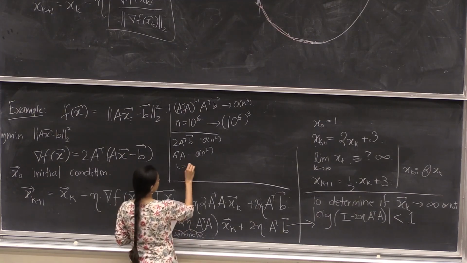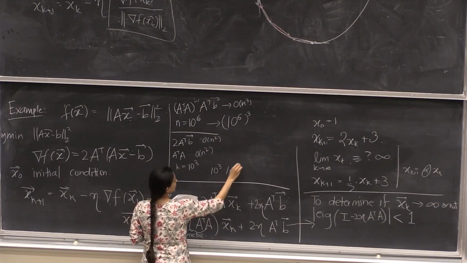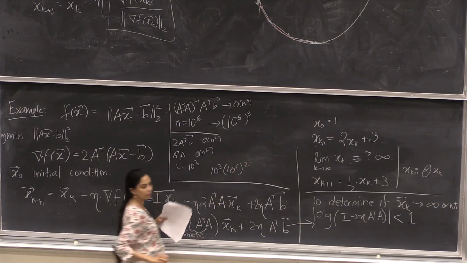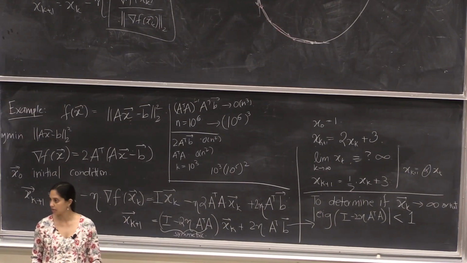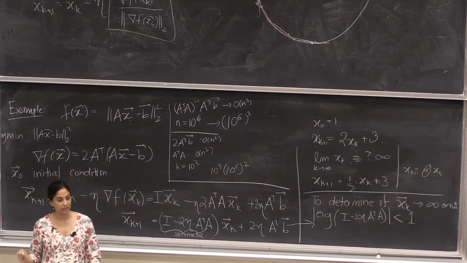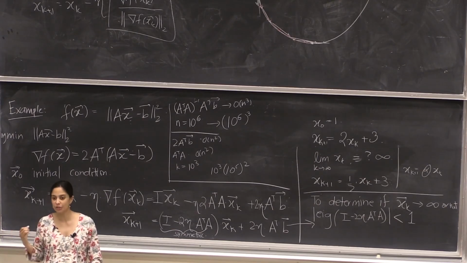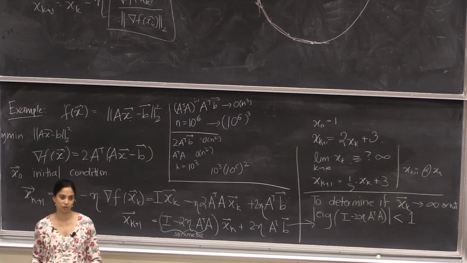But if I had k equal to, let's say, 10 to the 3, I can do 10 to the 3 times 10 to the 6 squared, and I will get my solution using gradient descent. So if I have a very, very large data set, it's actually faster computationally to find the solution using gradient descent than to do this massive matrix inversion.